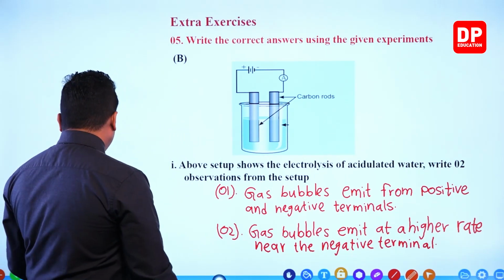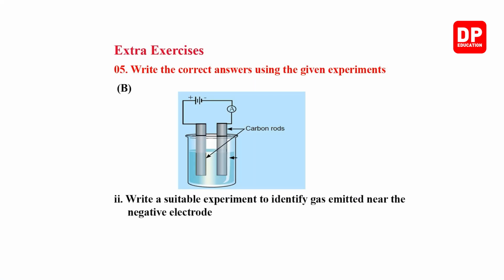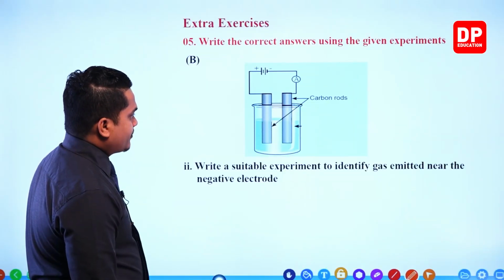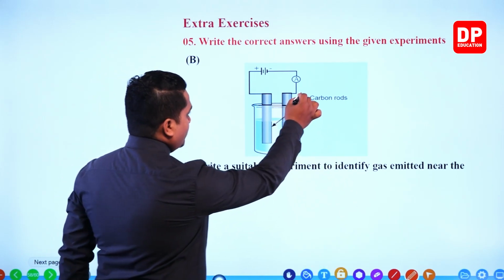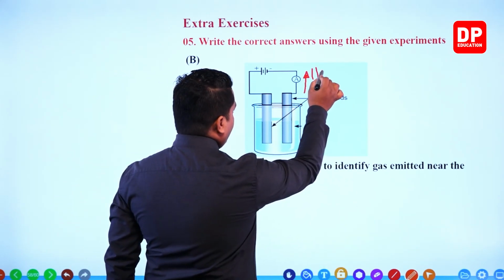Right, then the next one. Write a suitable experiment to identify gas emitted near the negative electrode. So near the negative electrode, my dear children, you know that hydrogen gas is going to emit.